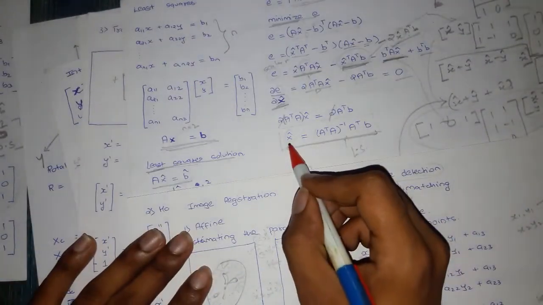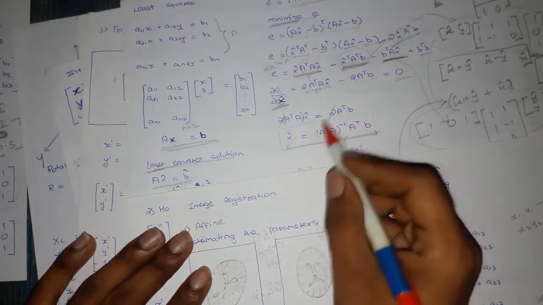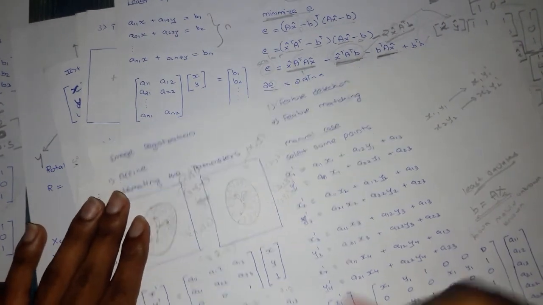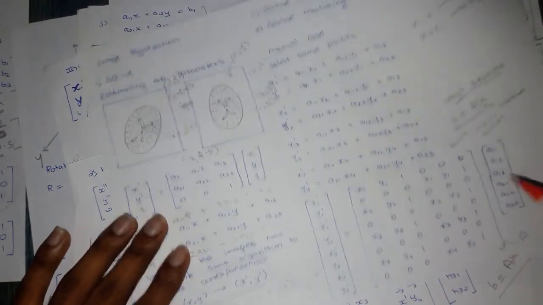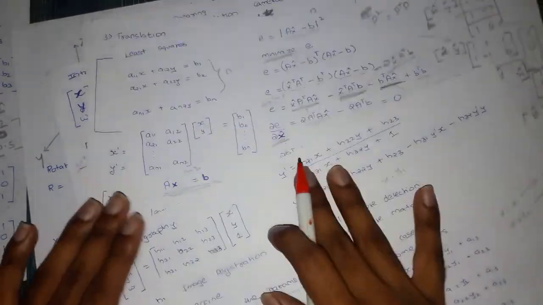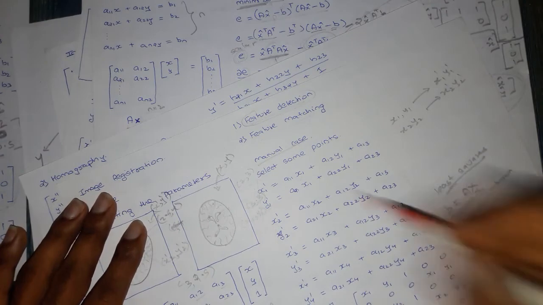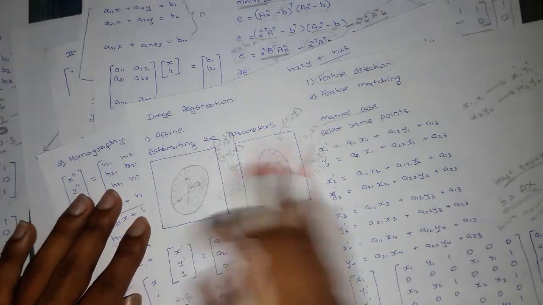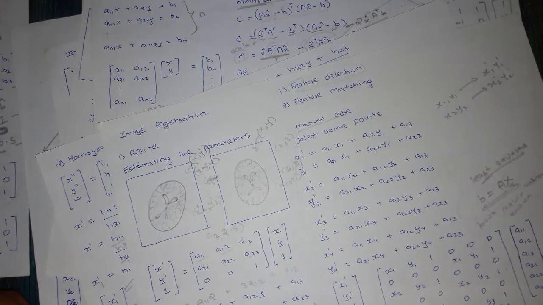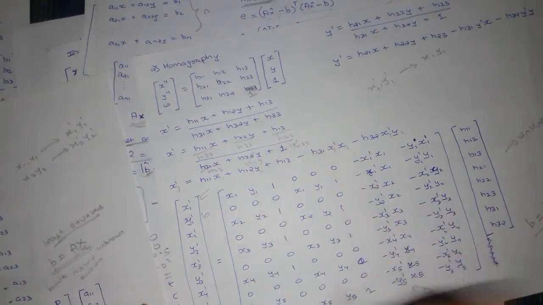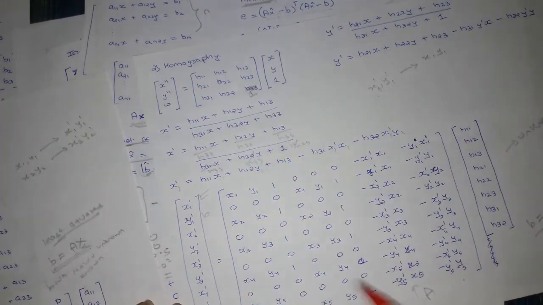By using this basic formula of least squares, where x is nothing but this formula, and here this is b, this is A, and this is x, we can find the x that we wanted, the parameters for this particular transformation, and you can transform the image. The same thing you can do for homography. In homography also you have these many equations, and these are the different parameters that you have.